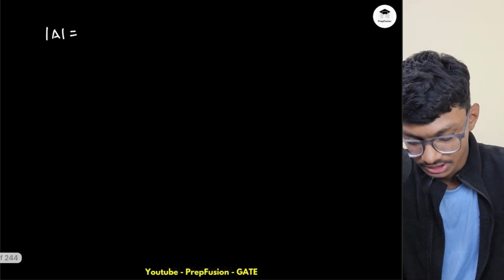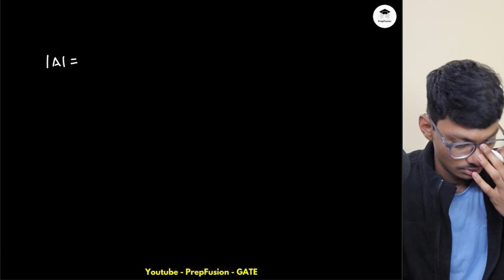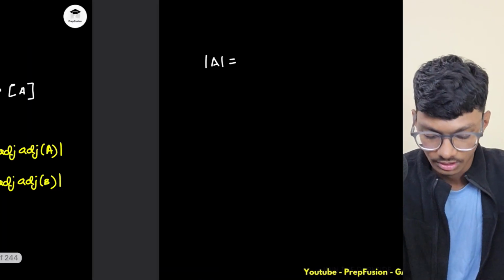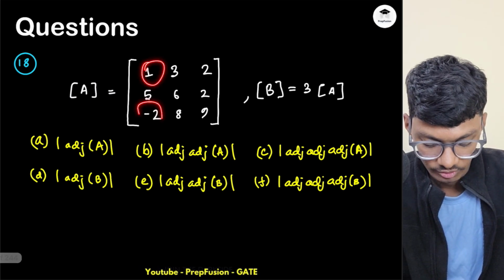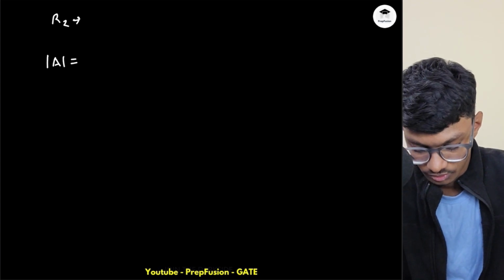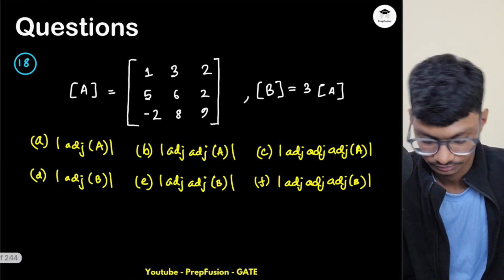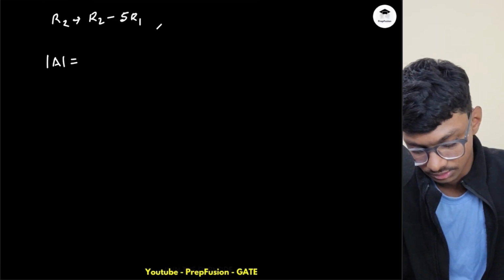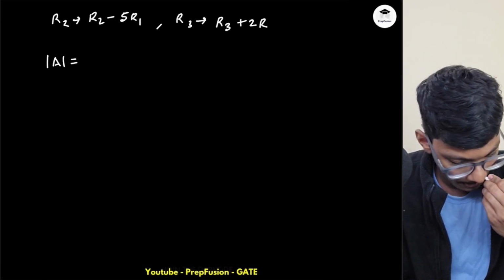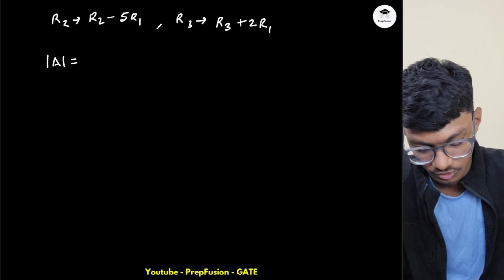What I can do is use simple row operations, because I have a 1 over here and I want to make these two 0. So I will change row 2 to row 2 minus 5 row 1, and row 3 to row 3 plus 2 row 1.